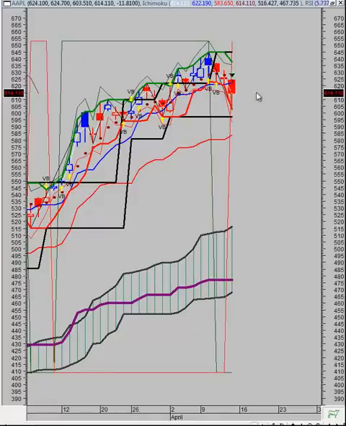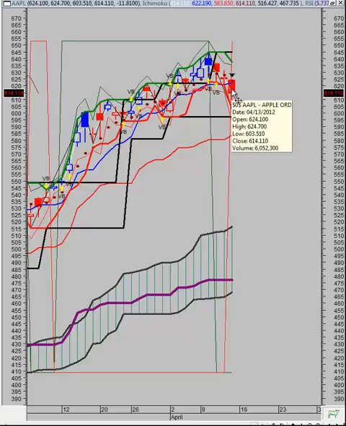Well, we have our first support at around, let's say, $597.30. That'll be a very key support. The next level of key support will be around $583.65.